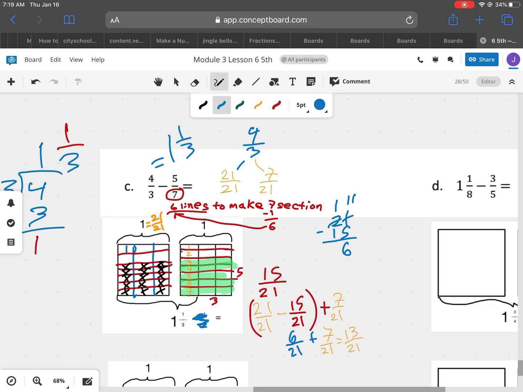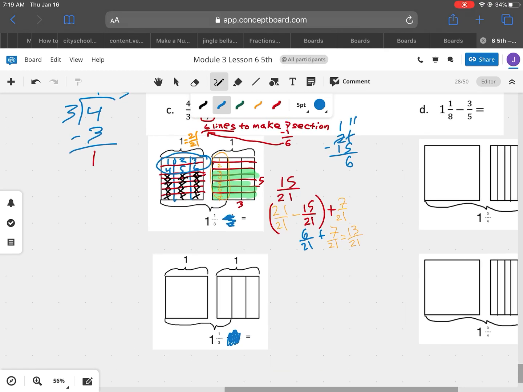And we are left with 1, 2, 3, 4, 5, 6. There again is our 6 21s that's left. And then we add our 7 21s, which is these yellowish ones here, to our 6 21s. And that gives us 13 21s.